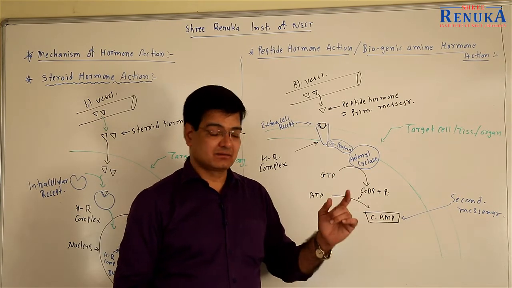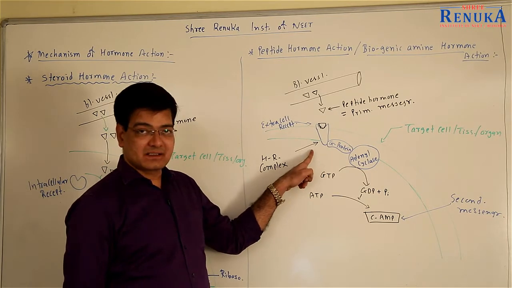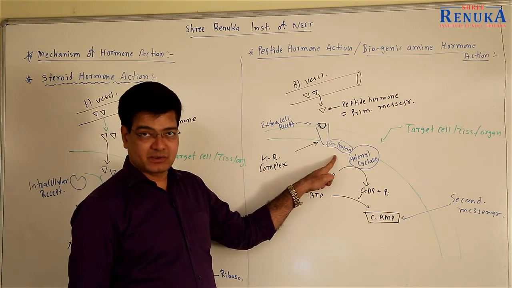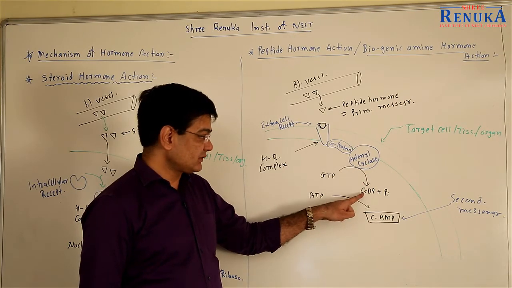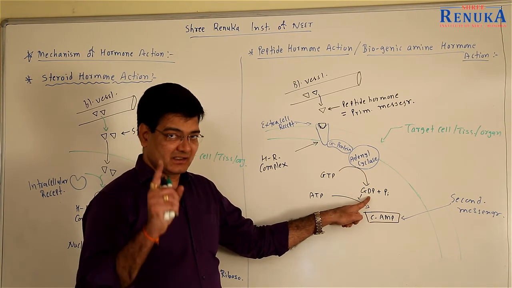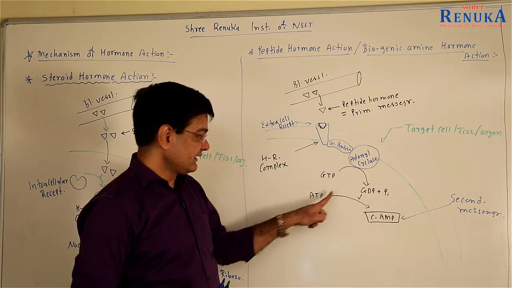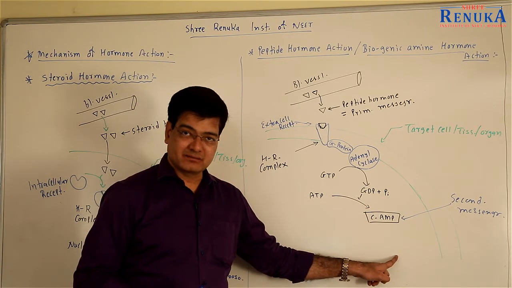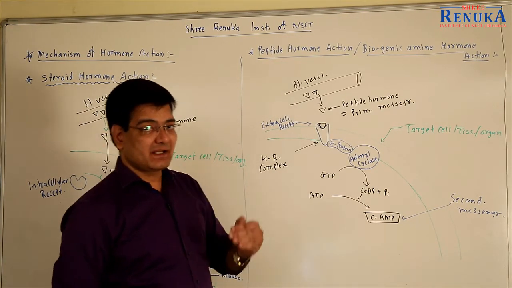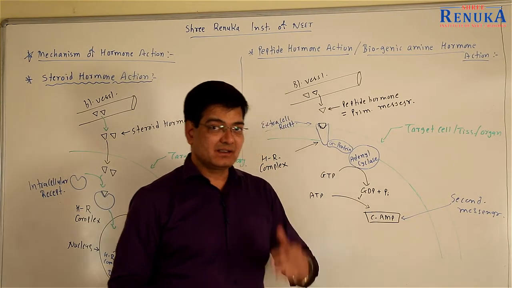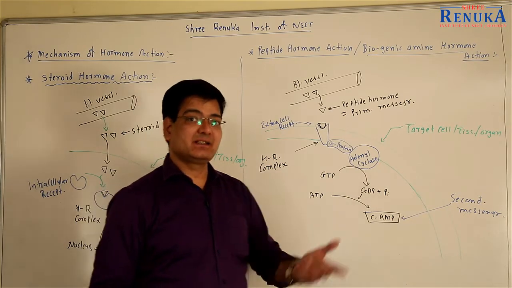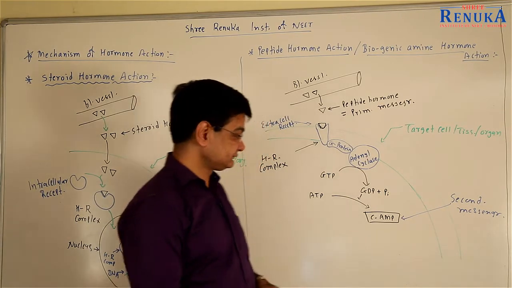What is a cascade? We can understand this: the HR complex activates the G protein, G protein activates adenyl cyclase, which induces formation of GDP, and the energy release converts ATP into cyclic AMP. And now when the cyclic AMP forms, this process or activity increases, its intensity increases manifold.